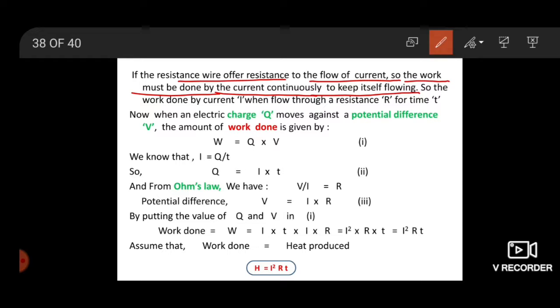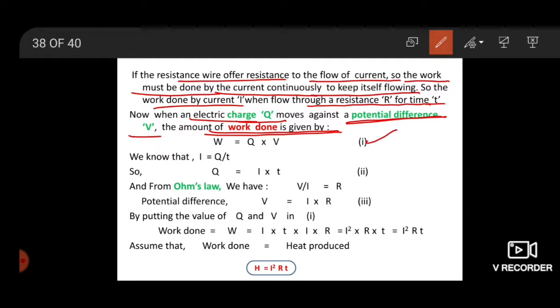When an electric charge Q moves against a potential difference V, the amount of work done is given by the relation W equal to Q into V.